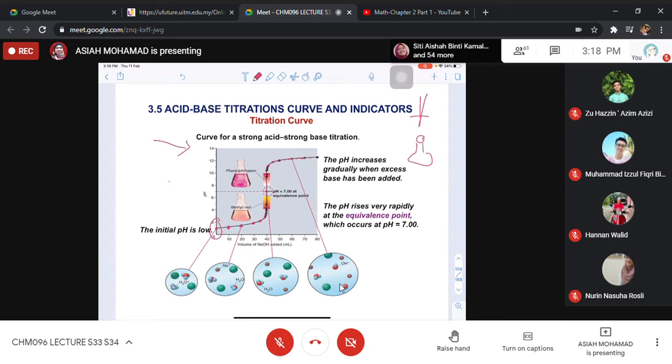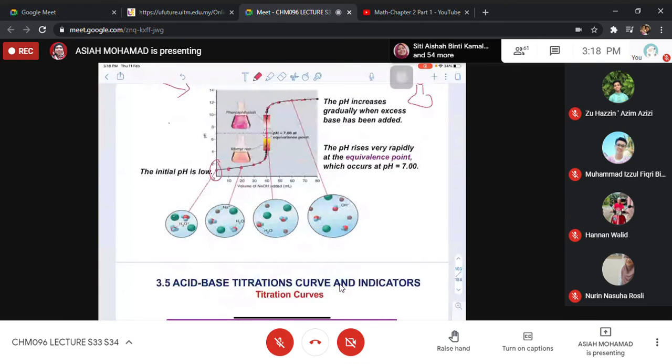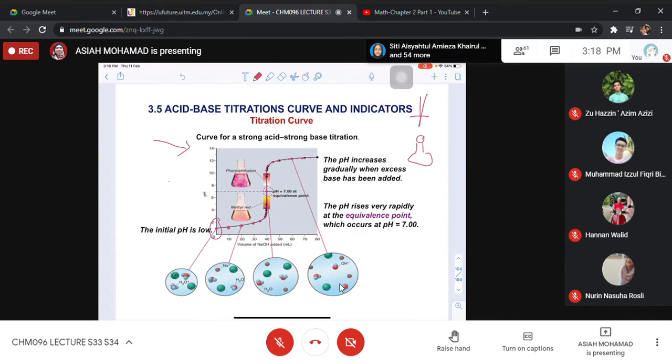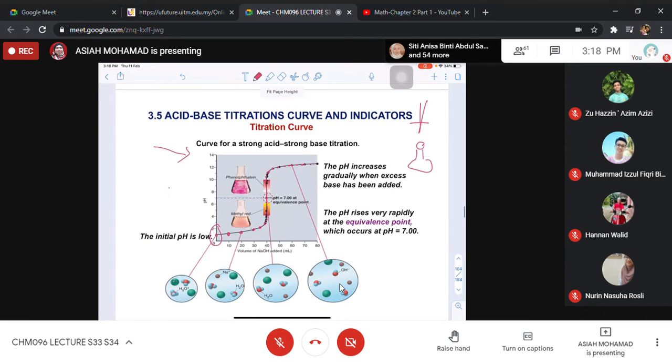What happened here, later we are going to look at quantitatively, by using the data. In this case, if you have this acid react with base, there is still acid left. But at the equivalent point, acid plus base produce salt and water.